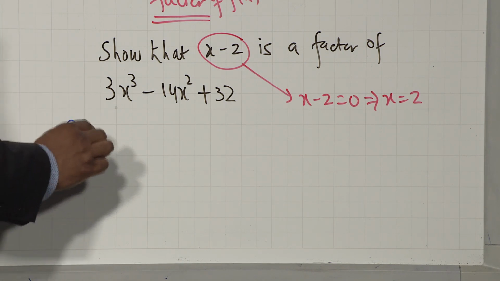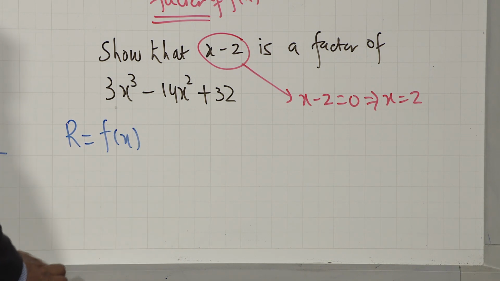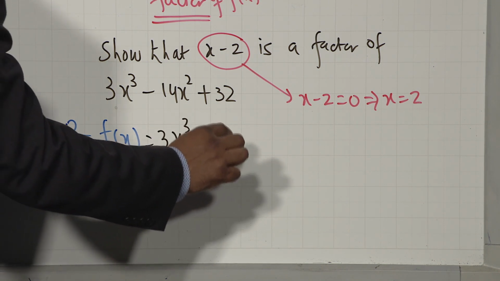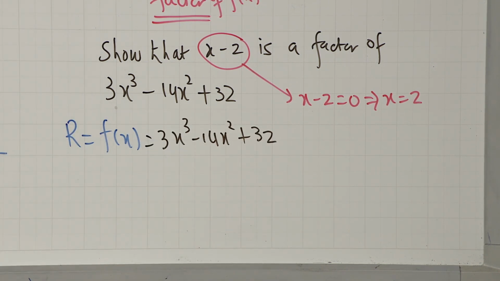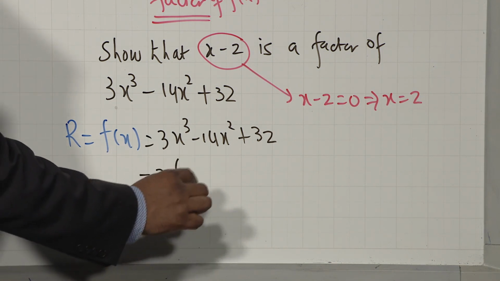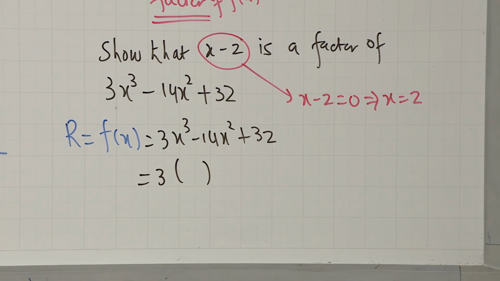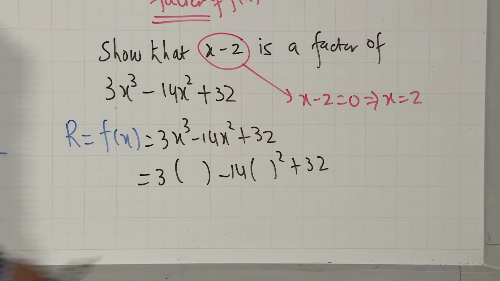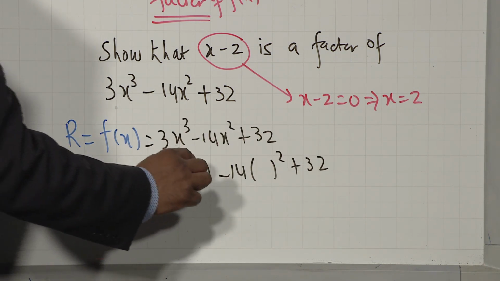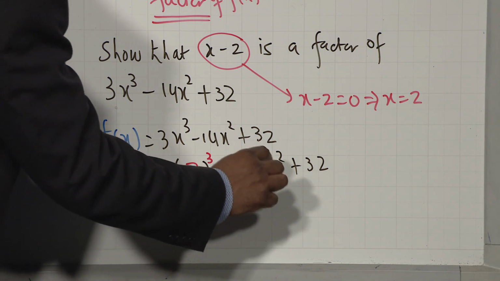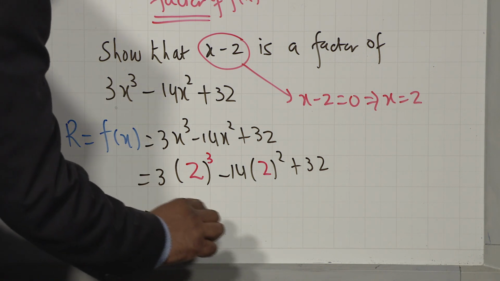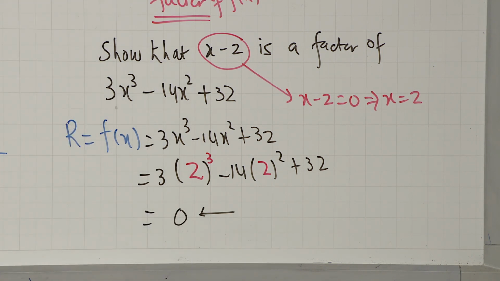What is the remainder? The remainder is f(x), that is 3x cubed minus 14x squared plus 32 with x replaced by the value we obtain by equating the divisor to 0. So it is 2 cubed, 2 squared, and you will realize that this is equal to 0. Hence, x minus 2 is a factor of f(x).